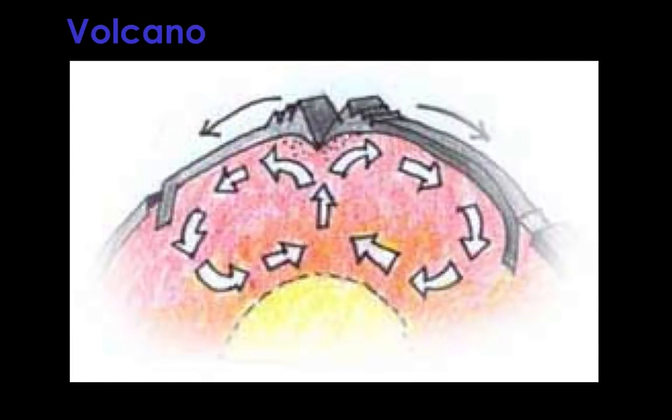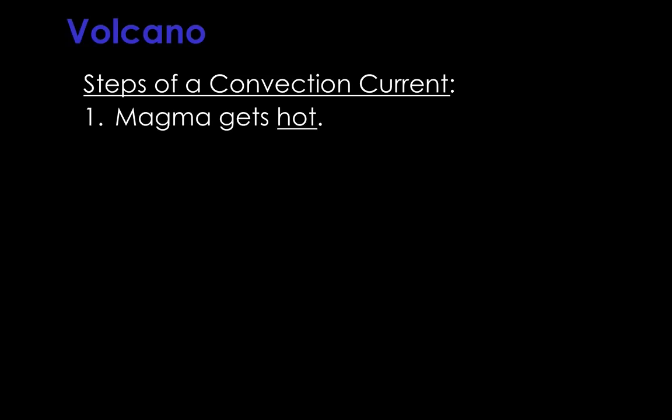Okay, so just like in the lava lamp where we see this continuous cycle of rising, expanding, and then sinking again and condensing, and then eventually warming up again, and it continues and continues. This is happening in that liquid layer under the surface of the earth. So first, the magma is going to get hot. And it gets hot because down at the core of the earth, it's hotter.